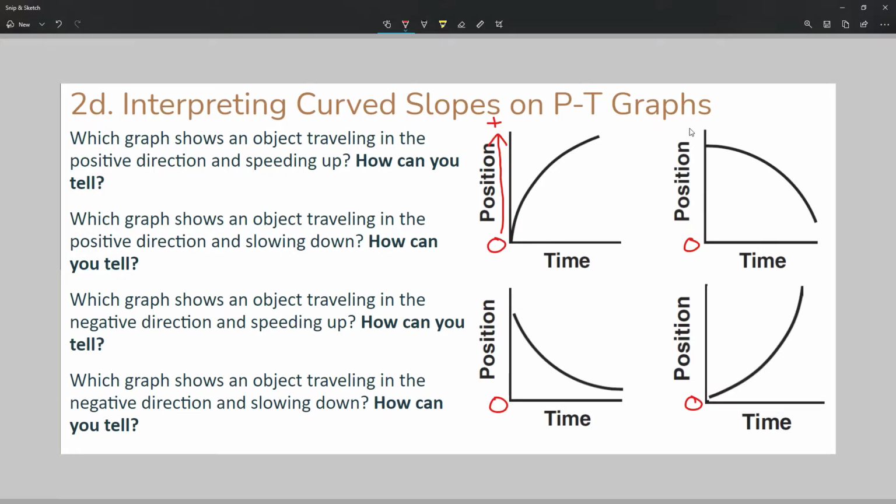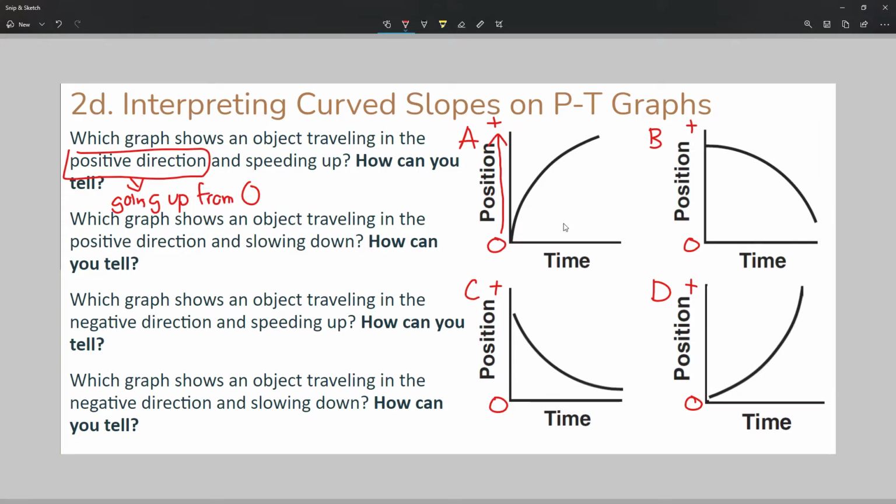We know a positive is above 0. So which graphs show you something traveling in the positive direction? Let's label this. Graphs A and D do show that you are traveling in the positive direction. That's how you can tell, because it's going away, going upwards, up from 0 in the positive direction.